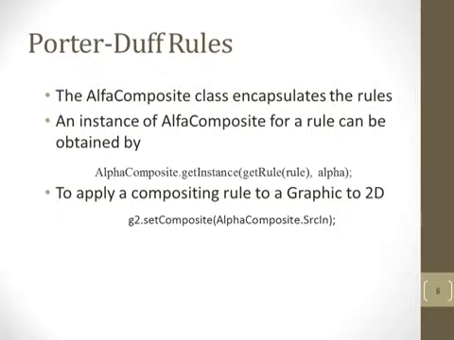An instance of AlphaComposite for a rule can be obtained by a static field of AlphaComposite with the name shown in the previous table. To apply a compositing rule to a Graphics2D object, simply call the setComposite method.